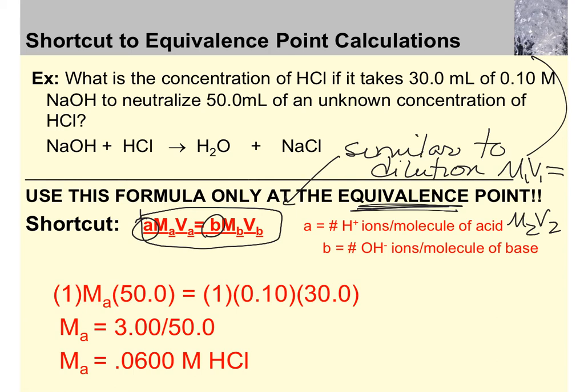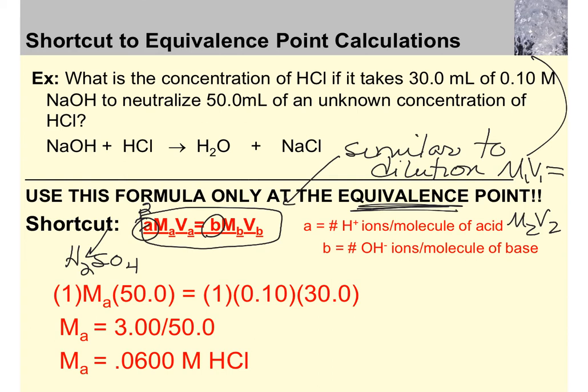That little a and b accounts for the fact that you can have a diprotic or triprotic acid, and you can have a base that has more than one OH. So let's say we are titrating with H2SO4. That has two acidic hydrogens. So a would be 2.